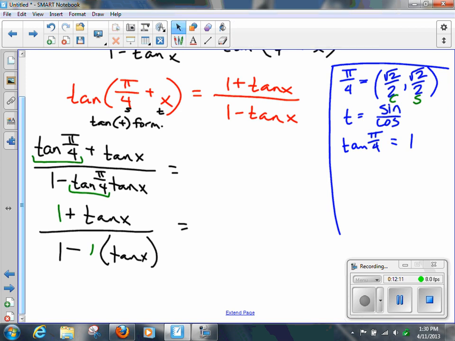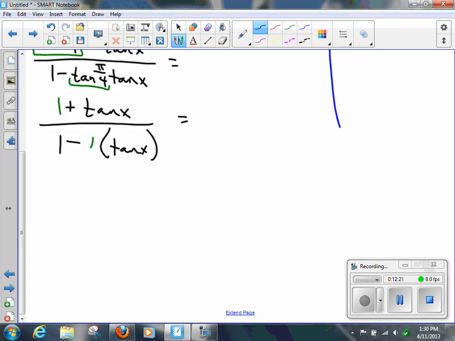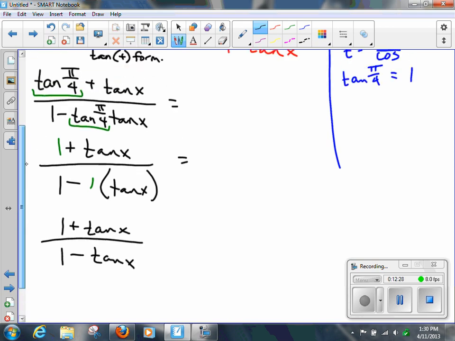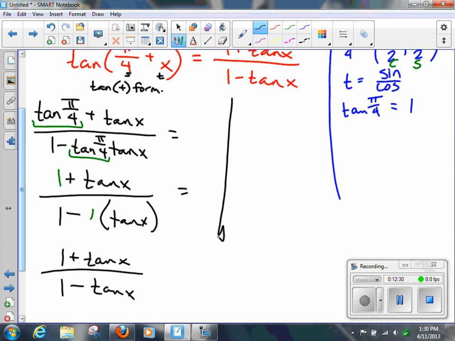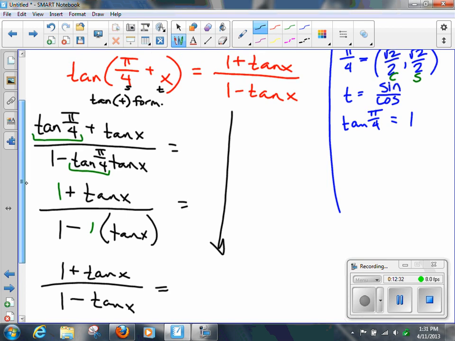Check that out. What's 1 times tangent x on the bottom? It's just tangent x. So we've got 1 plus tangent x over 1 minus tangent x. What's it equal to? The same thing.